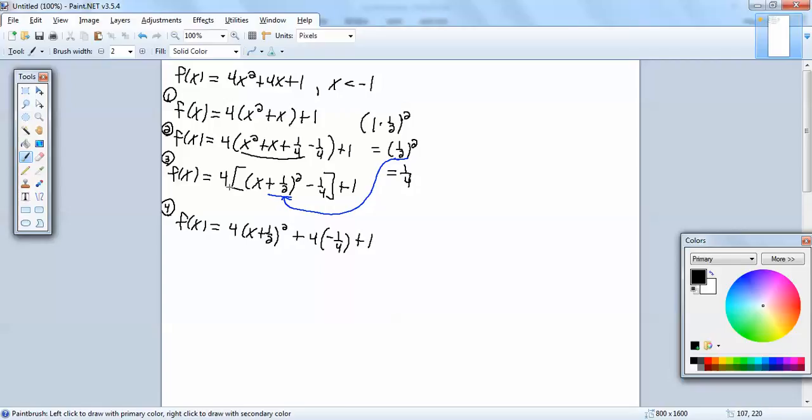So I'm multiplying the 4 times this factored piece and times the number. So that's going to give us 4 times x plus 1/2 squared. These 4's cancel, and I got negative 1 plus 1. So then negative 1 plus 1 cancels.